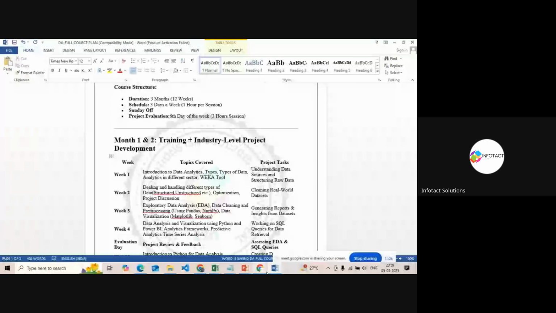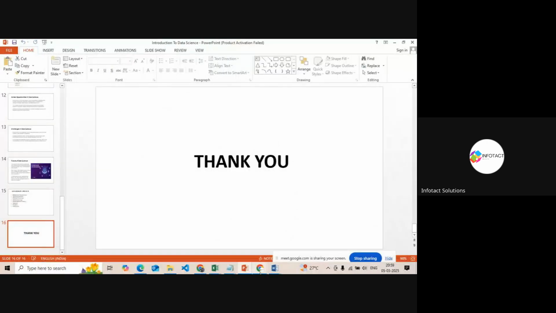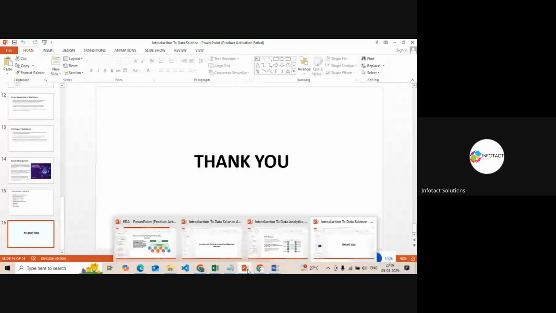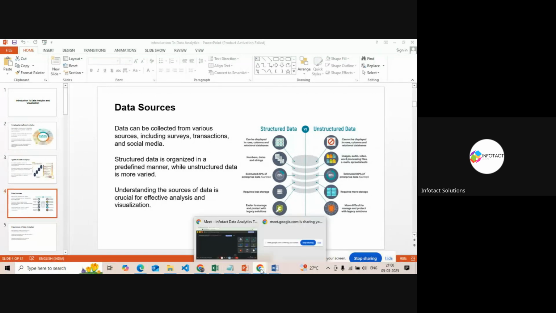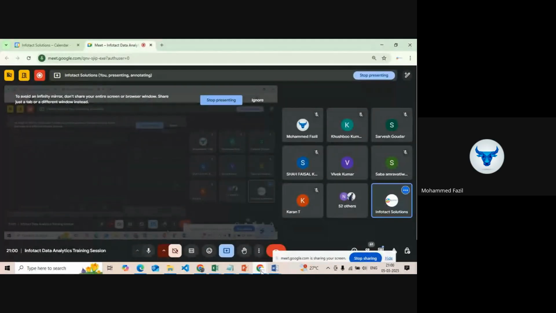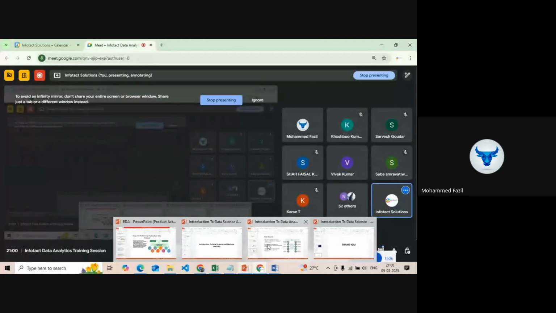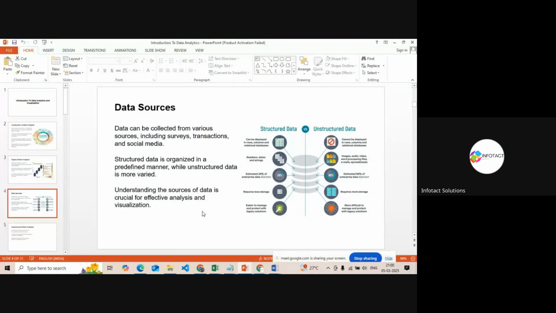So now I'm sharing my screen. When it comes to data analytics, data sources come first, where we are collecting the data set. The data can be collected from various sources, including surveys, transactions, and social media.